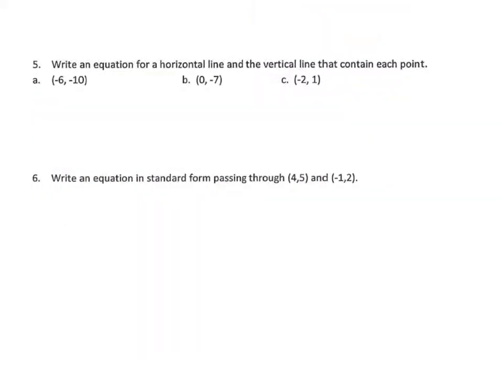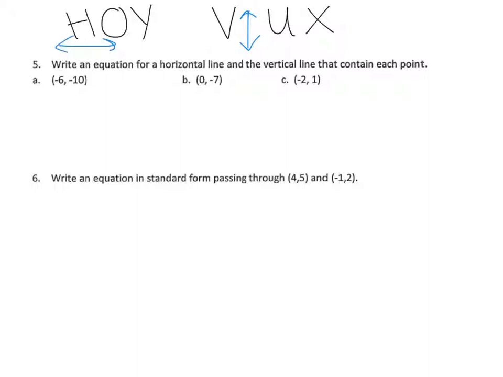Okay, number 5. Remember, for a horizontal line, slope is 0, and it's y equals. Vertical lines, up and down, slope is undefined, and it's always x equals. So let's use that.